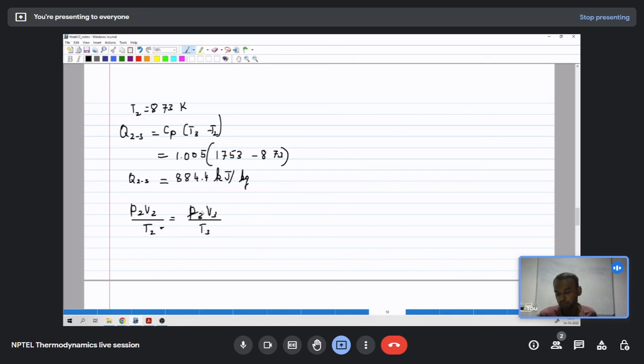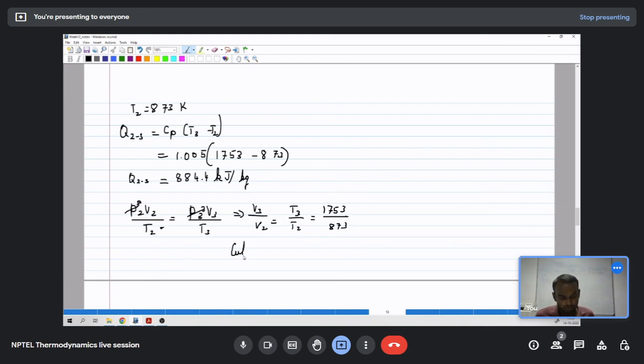Here both the pressures are the same, since it is a constant pressure process, and we have V3 by V2 is equal to T3 by T2, which is 1753 by 873.